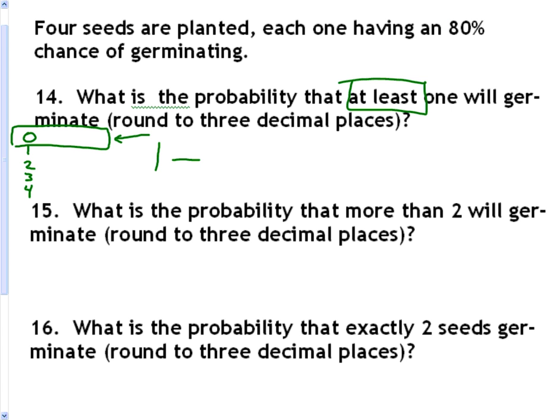So the probability of none of them germinating would be C, and then a couple parentheses, and these are 80 and 20. And then I have 4 seeds, and I want 0 to germinate. 0 do the 0.8, and then 4 do that. And you'd figure that answer out and take 1 minus that answer. Or I could figure out this answer and this and this and this, and then add them all up. That works too. A lot slower.